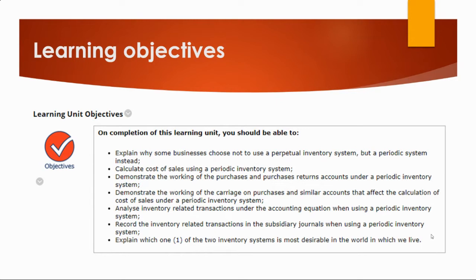Then you need to be able to calculate the cost of sale using the periodic inventory system, and you need to demonstrate the working of the purchases and purchases return accounts in the periodic inventory system, and demonstrate the working of the carriage on purchases and similar accounts that affect the calculation of your cost of sales under the periodic inventory system. So you'll see this learning unit focuses more on the periodic inventory system, whereas learning unit 2 focused more on the perpetual inventory system.